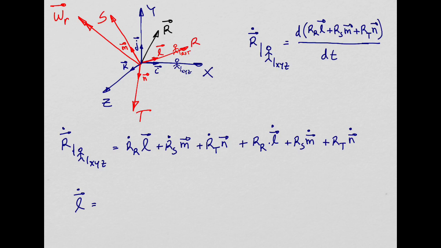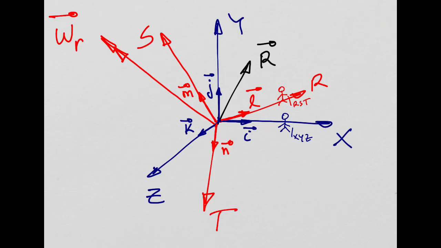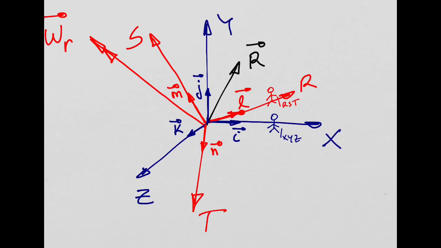So I can say this L dot is going to be my angular velocity cross product with my position vector, which is my vector L. Imagine you have a point at the tip of this vector L and I ask you to calculate the velocity of this point.